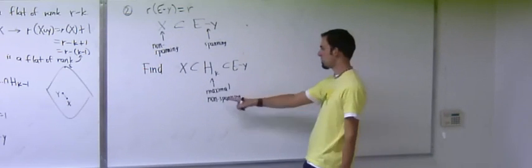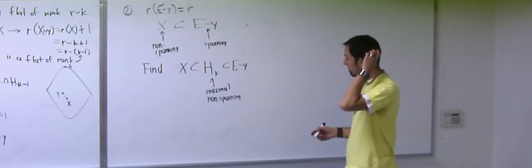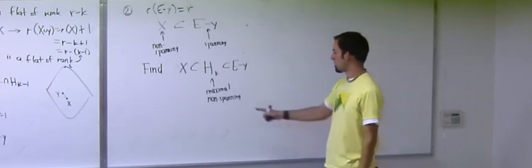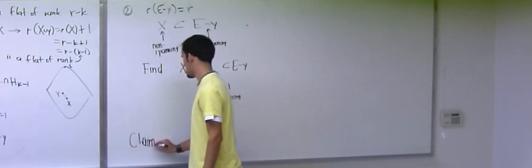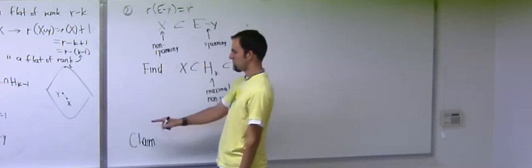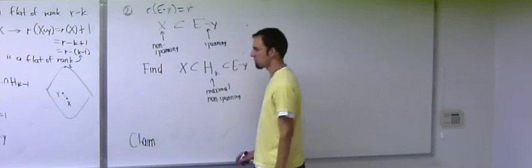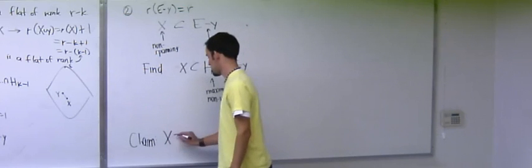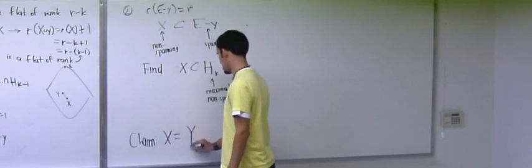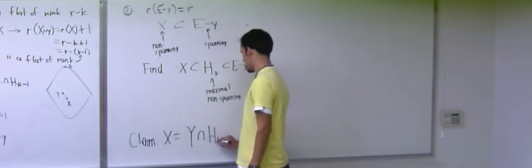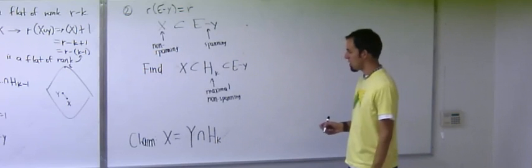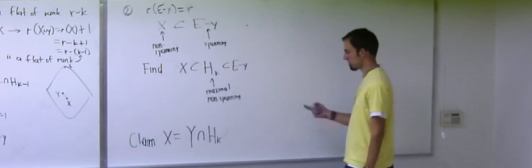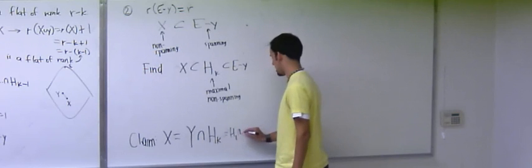Until I get something that's maximal non-spanning. Okay? Because it's maximal non-spanning, it's a hyperplane. I claim that this is the hyperplane that you need to add to the intersection. And so in other words, this is the intersection that you want.